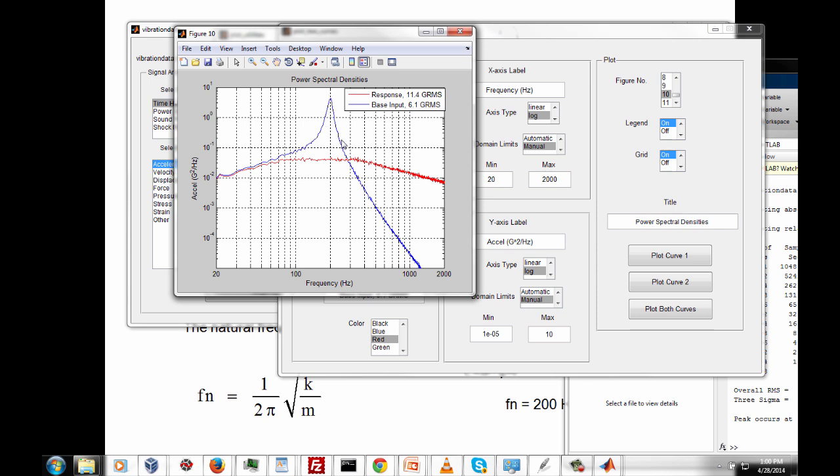And then as we go to higher frequencies yet above the natural frequency, we get this mechanical filtering effect going on here. And this crossover frequency should be approximately equal to the natural frequency times the square root of 2. Approximately. So I think that works out to be about 280 hertz or thereabouts. Okay, so this is just another way to look at our data. This gives us a better idea of how our base input is resulting in the response there.